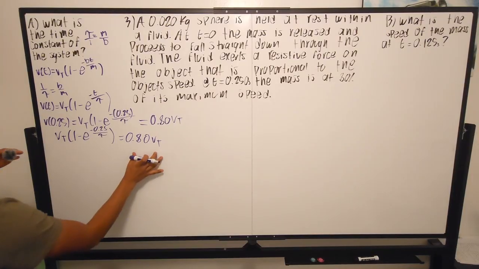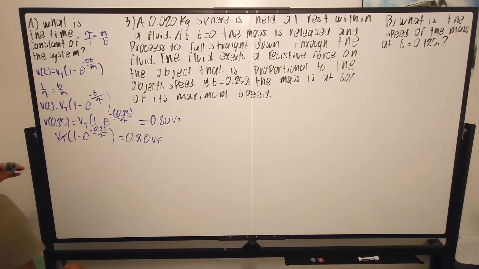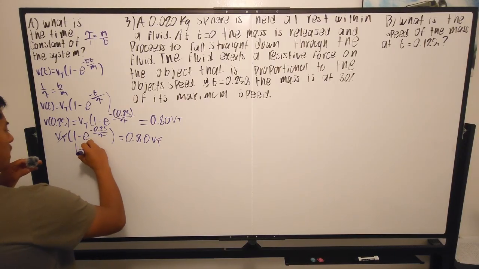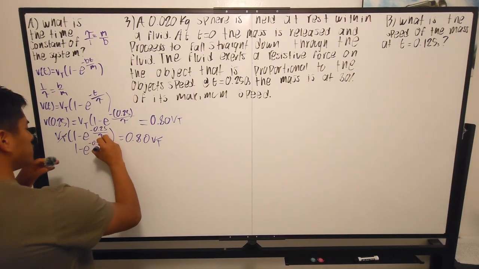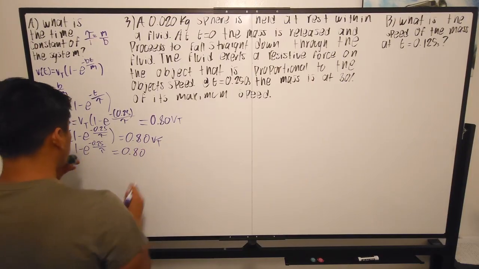Notice how both of these have vt, so that is going to cancel out. Now we have 1 minus e to the negative 0.25 over tau equals 0.80.